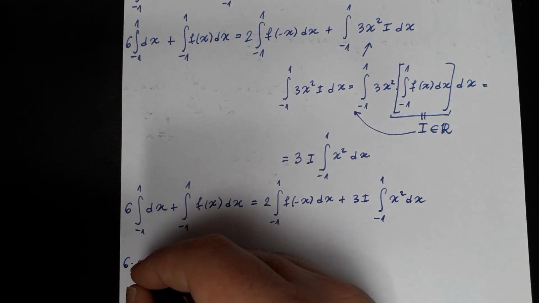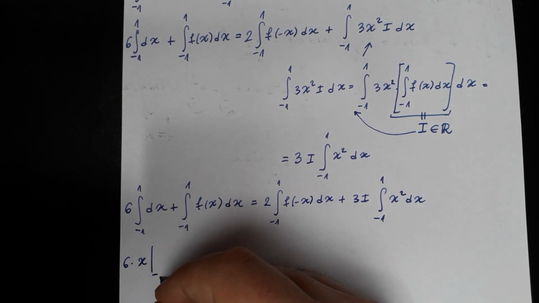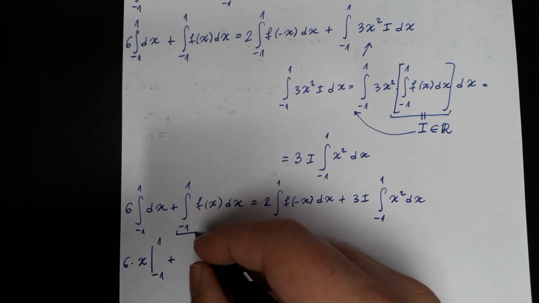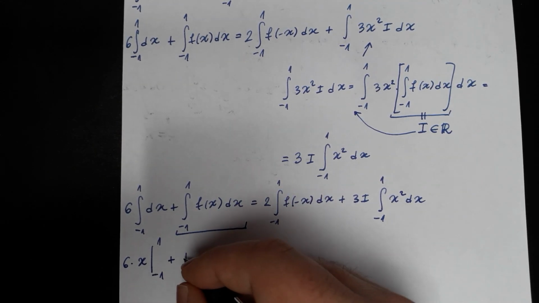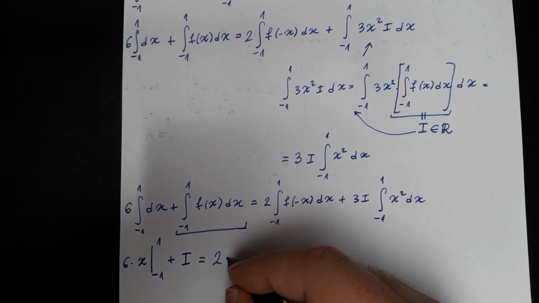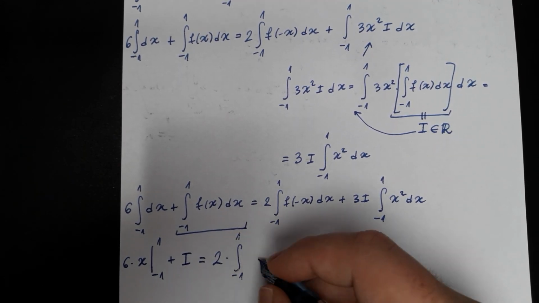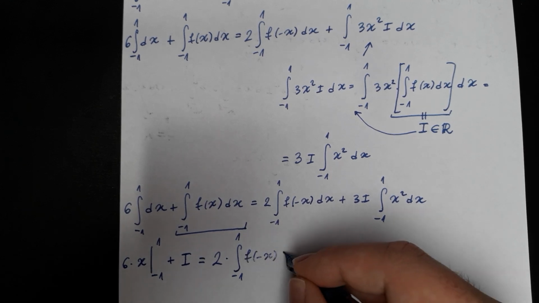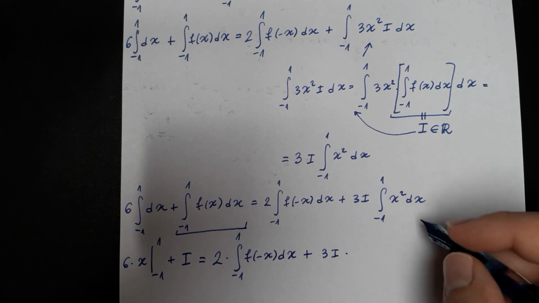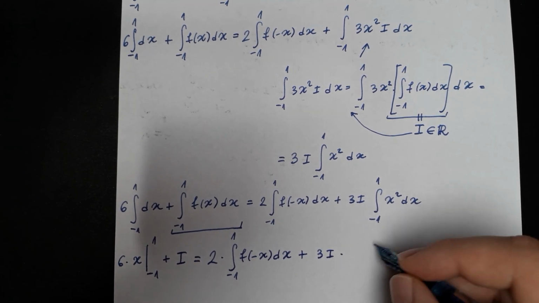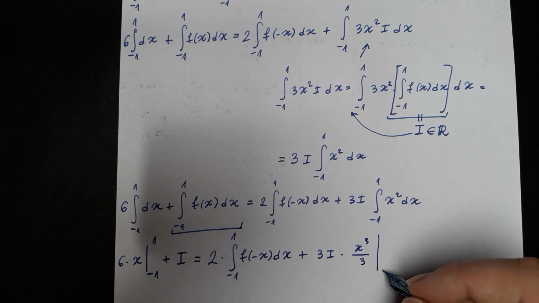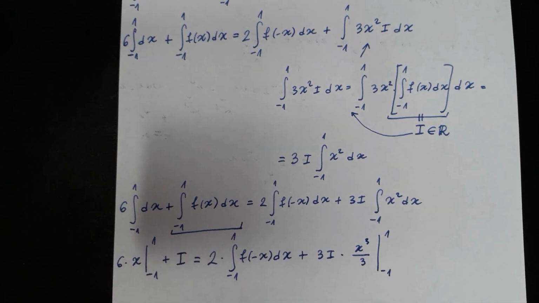So we have 6 times x bounded from -1 to 1 plus the integral from -1 to 1 of f(x) dx, which is I. And that is equal to 2 times the integral from -1 to 1 of f(-x) dx plus 3I times the integral of x squared dx, which is x cubed divided by 3, with the borders from -1 to 1.